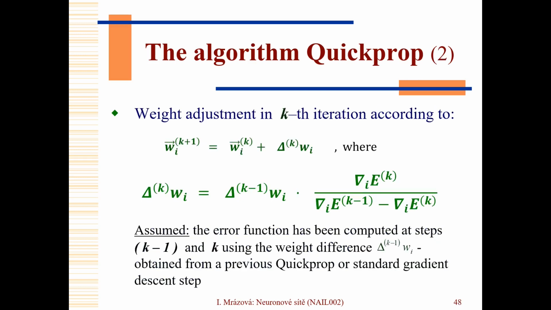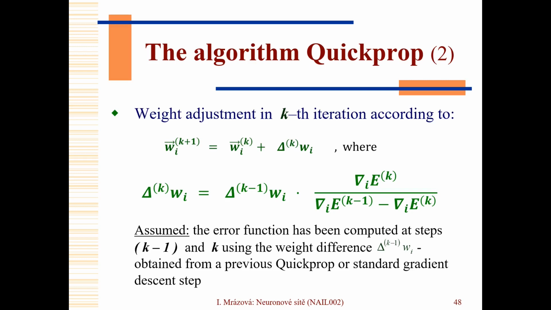At the kth iteration of the Quickprop algorithm, the change in the weights corresponds to Δ_k W_i. So the new weight W_i^(k+1) shall be computed as taking the previous weight W_i^k and changing it by Δ_k W_i.